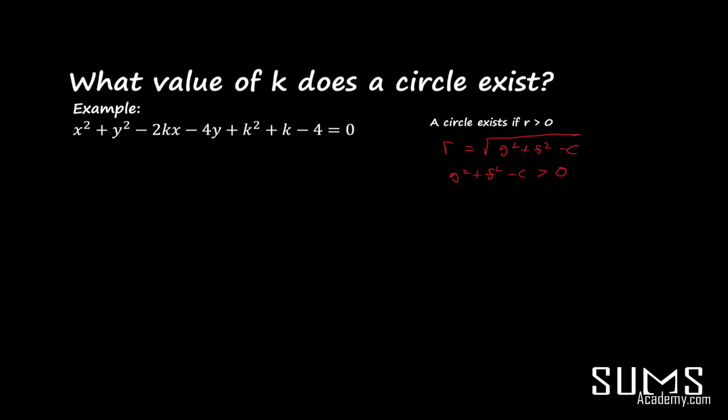You've got x squared plus y squared minus 2kx minus 4y plus k squared plus k minus 4. Let's try and think about what part relates to what.